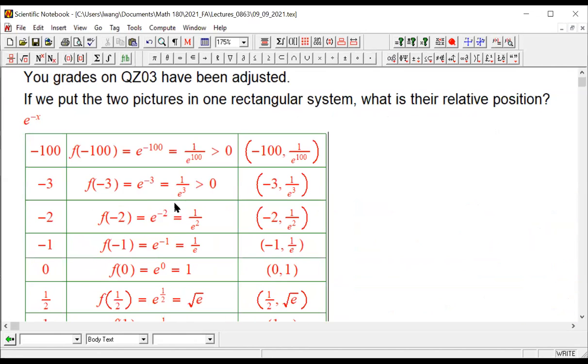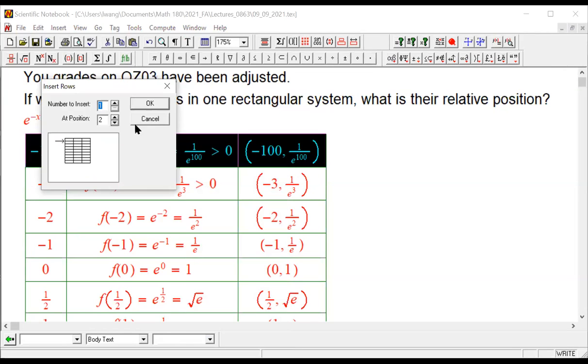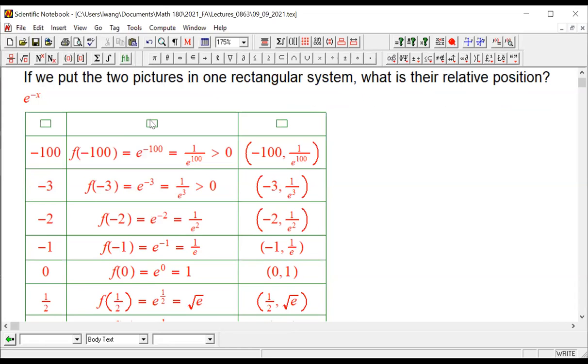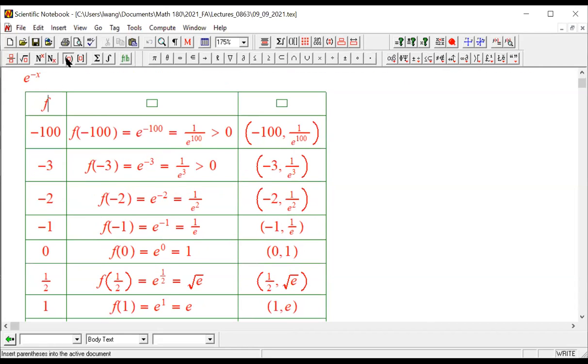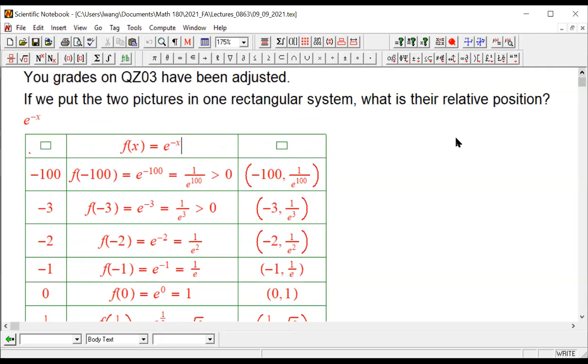Okay, with the change of rule, and this time the function is what? The function is f of x equals e to the power of negative x. But why is that related to the base b?